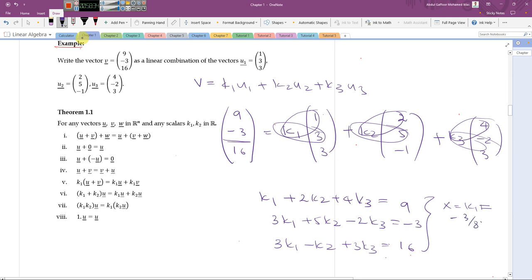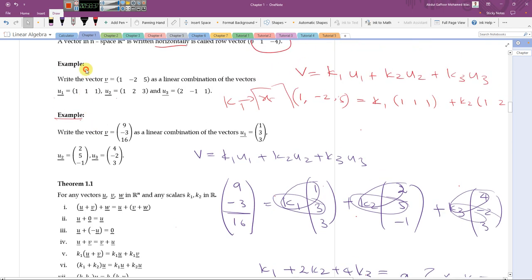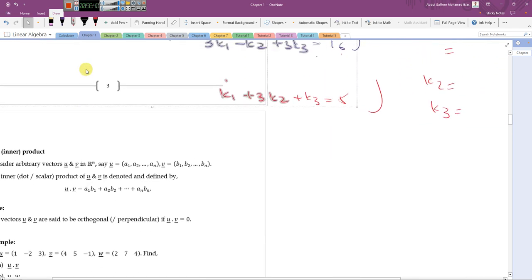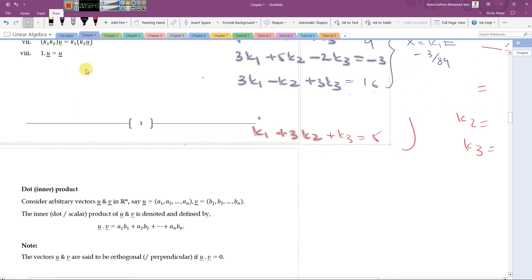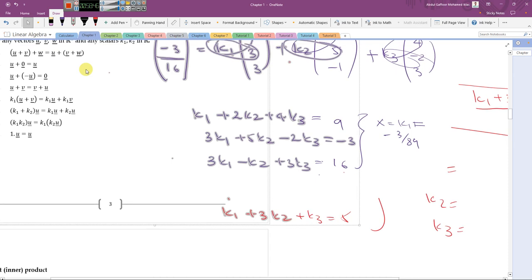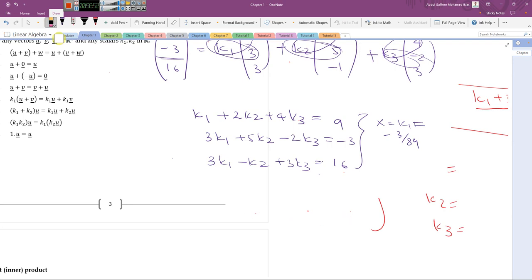Then y, which is k2, is equal to 24 by 89, and z, which is k3, is equal to 189 divided by 89.